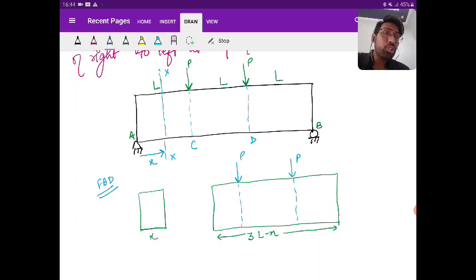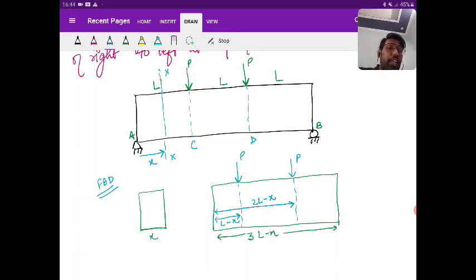The distance from A to C is L, so from the section to C it will be L minus h. Similarly, from A to D the distance is 2L, so from the section to point D it will be 2L minus h. Any doubt till here?